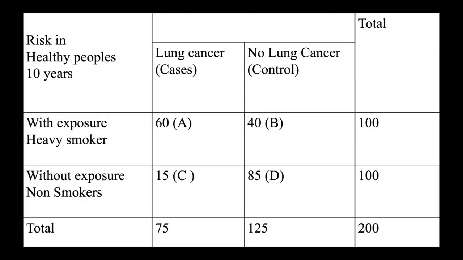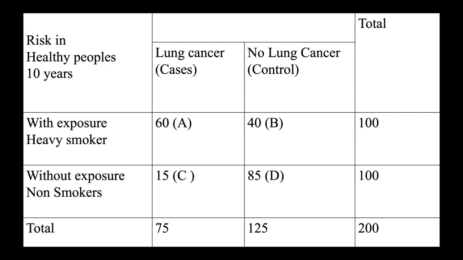The total is A plus B. The exposed are A plus B. Unexposed case is C and the non-case is D. So if we want to calculate the relative risk, it is exposed divided by non-exposed. I'm putting in another example.